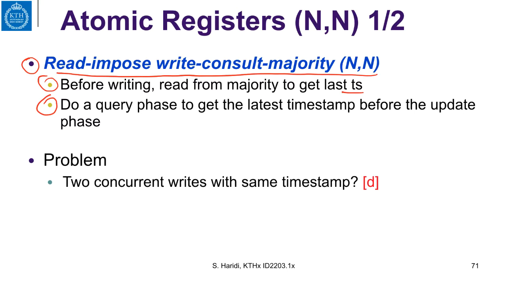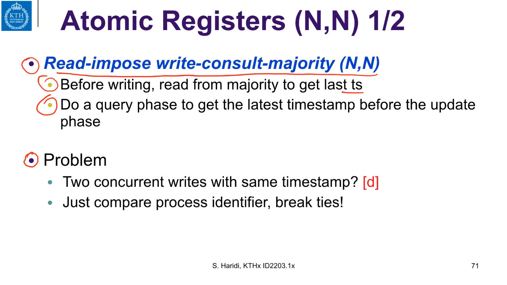So now we have an algorithm that in the write, we do 2 phases, a query phase and then an update phase. But of course, if we take the timestamp as it is, 2 concurrent writes might have the same timestamp. But this is easy. We just compare the process identifiers to break the ties.